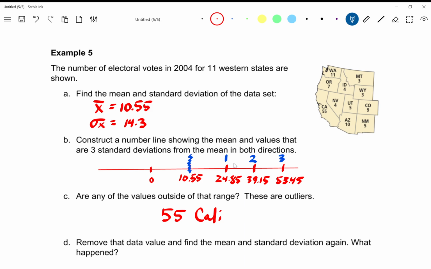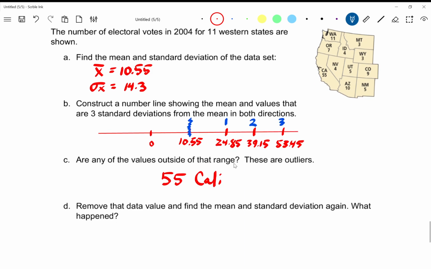It says remove that data value and find the mean and standard deviation again. What would happen? If I basically cross out California and look at just the other states, my average goes down to 6.1 and my standard deviation is 2.81. And you can see that actually changed these numbers quite a bit.